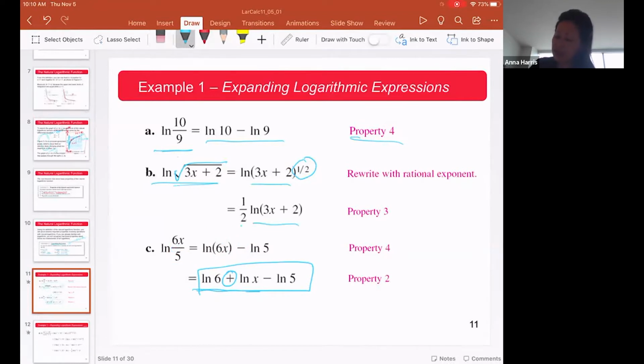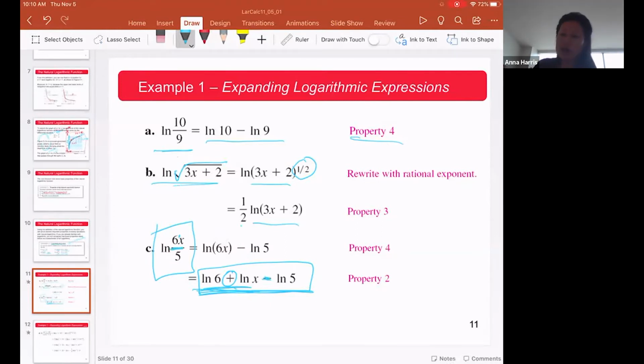Does everybody see it? This part right here, you can make it into this when you completely expand it. The 6 times x gives you natural log of 6 plus natural log of x, and the division gives you the minus part right here.